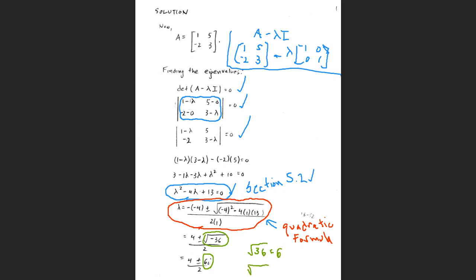The square root of negative 36 is 6i. The square root of a negative number is an imaginary number. How many recall that from a while back?